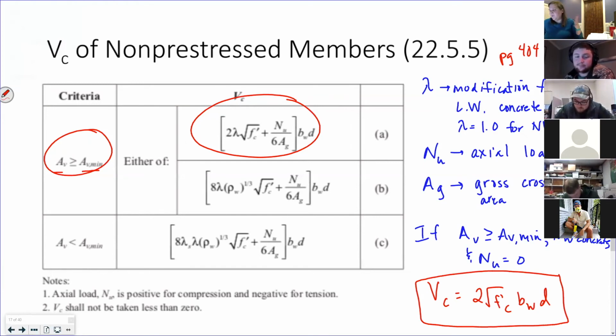That equation simplifies if you don't have any axial load. If you have compression, it's conservative to take it as 0. If you have tension, you should probably account for it because it'll reduce your capacity.